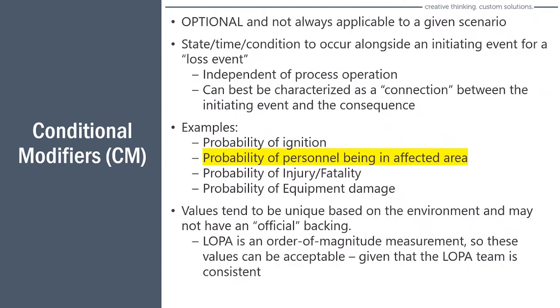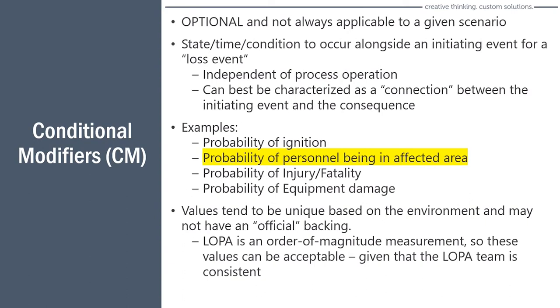Another one is conditional modifier. Again, another optional add to the LOPA. Really, it means that this has to come alongside the initiating event for the loss event to occur. One of the ones that I think is probably the most likely is that many chemical plants are designed so that people aren't necessarily around the active area when the risk is highest.